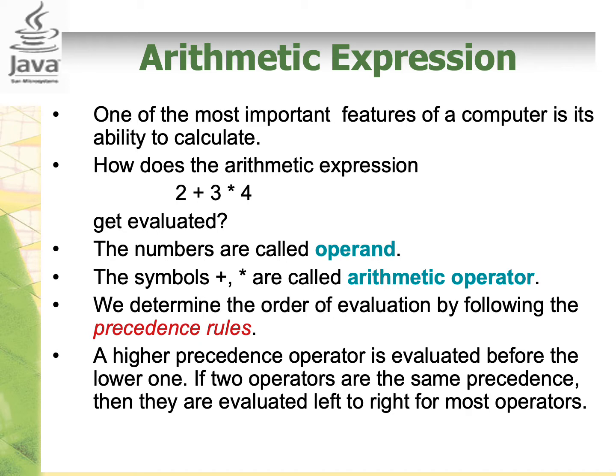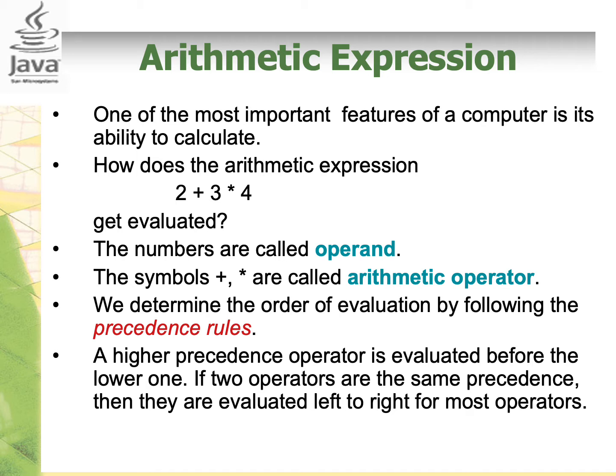Arithmetic expression. One of the most important features of a computer is its ability to calculate. How does the arithmetic expression 2 plus 3 times 4 get evaluated? The numbers are called operands. The symbols plus and multiplication are called arithmetic operators. We determine the order of evaluation by following the precedence rules.